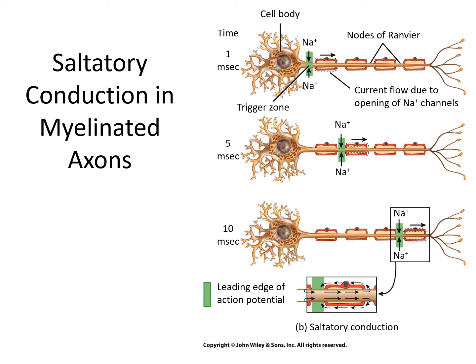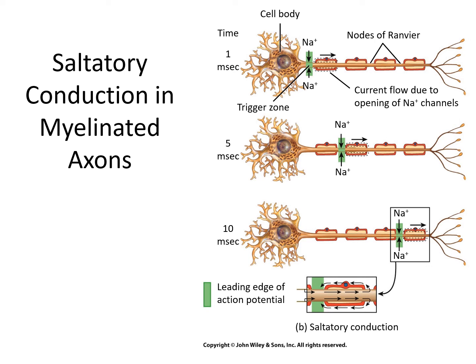So we have action potentials that are generated within the cell body. They travel down the naked portion of the axon, and when they get to one of these myelinated areas, the sodium that rushes in is going to push sodium in front of it through the axon. So that sodium is going to be forced by repulsive forces and by diffusion to the next node.